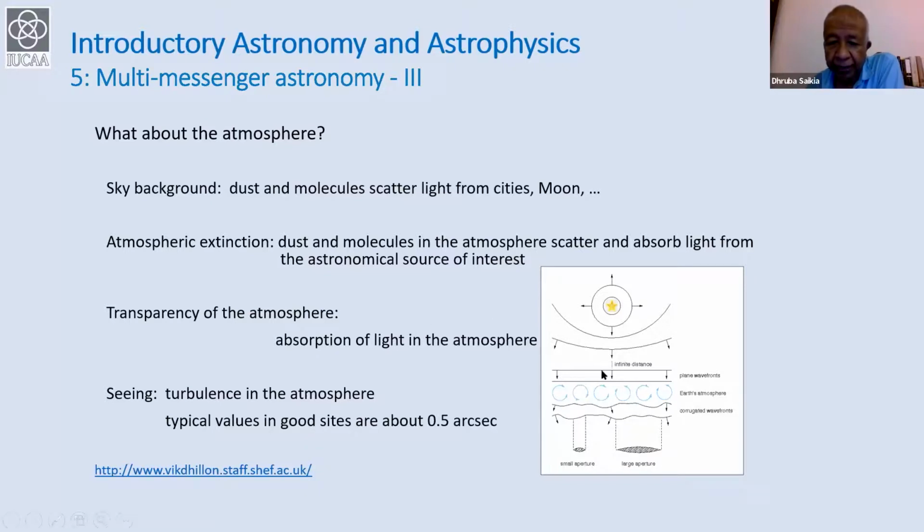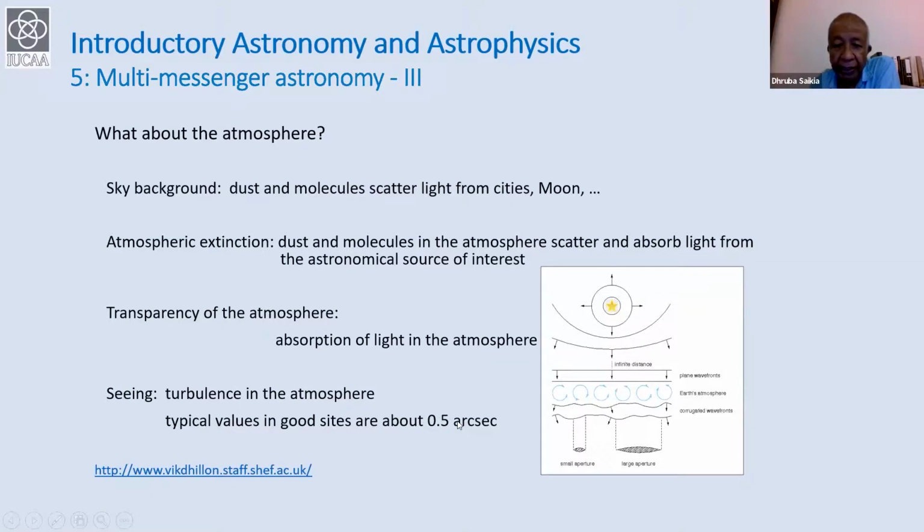So what happens is, because the atmosphere is turbulent, the ray doesn't come out straight, but it could be corrugated. What that effectively means is that your image tends to get blurred, depending upon how bad the Earth's atmosphere is in terms of its turbulence.